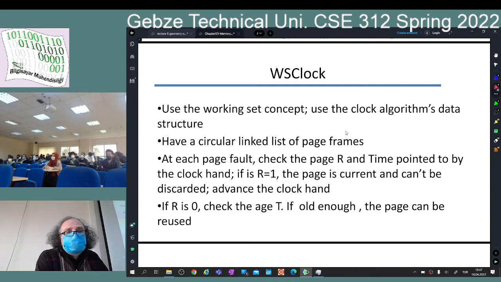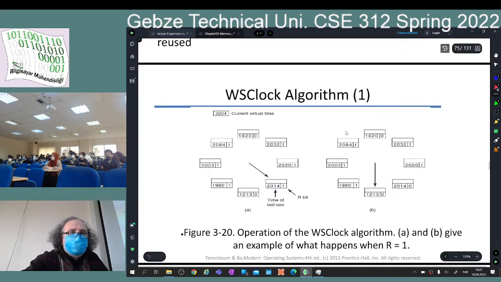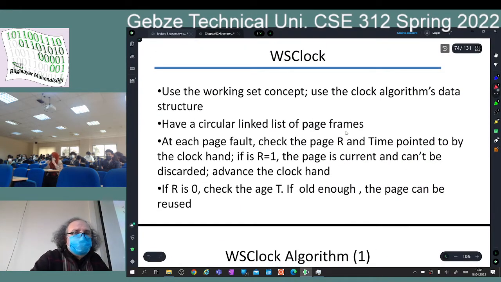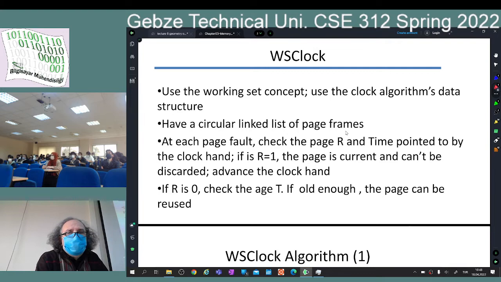If I use the same data structure, I will keep a pointer, and this pointer will point to a page in my page table. This pointer runs in a circular list. This is what happens with the clock algorithm. We have a circular linked list of page frames.